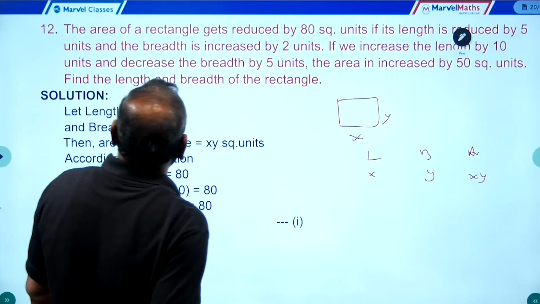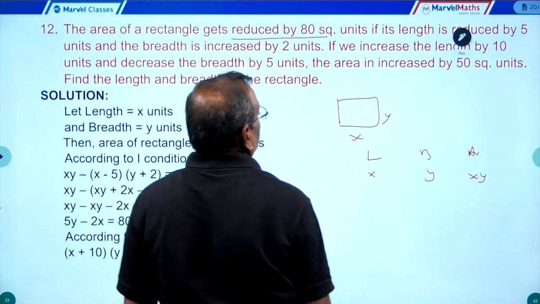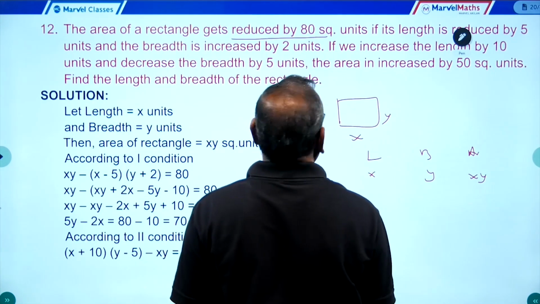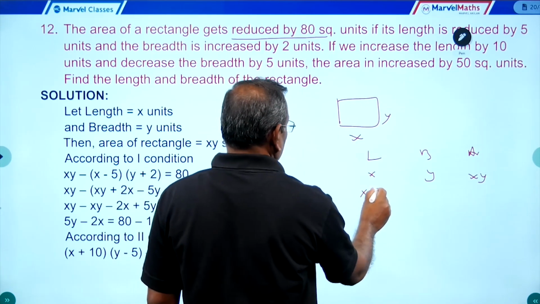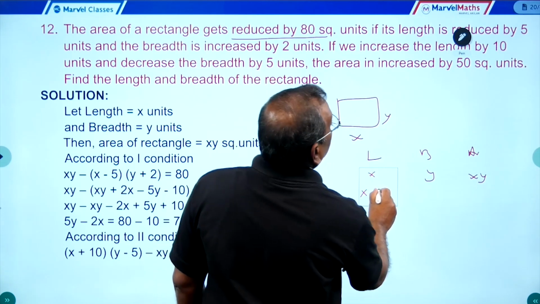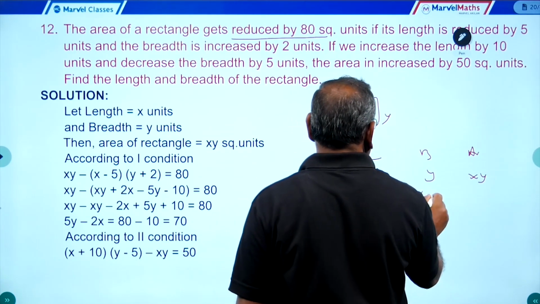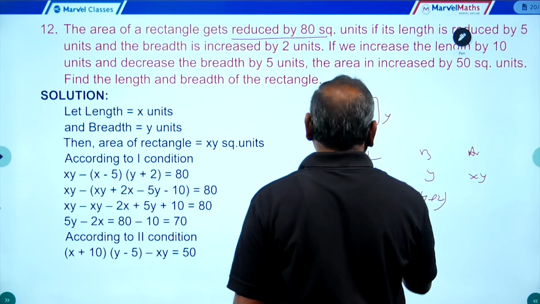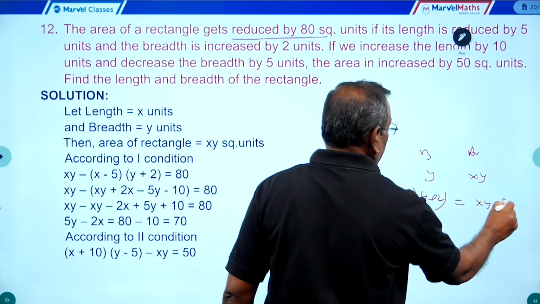The first condition is the area of a rectangle reduced by 80 square units. The length is reduced by 5 units, x minus 5, and breadth is increased by 2 units, y plus 2.